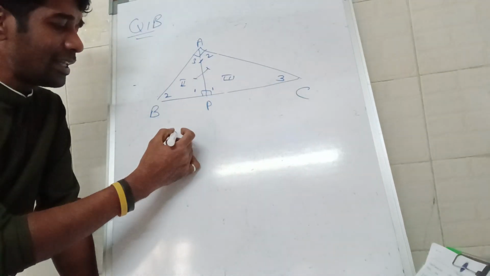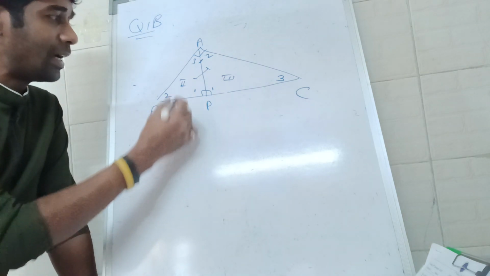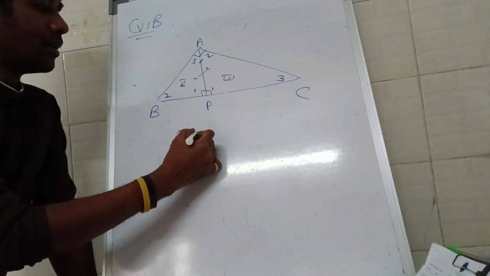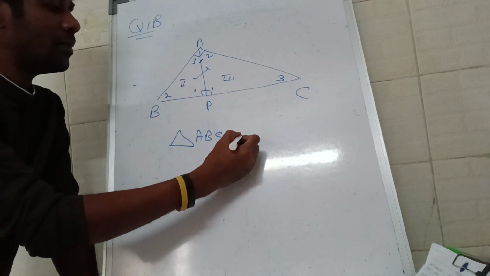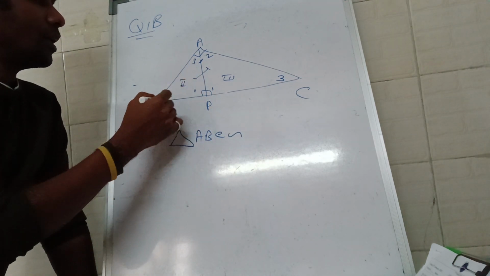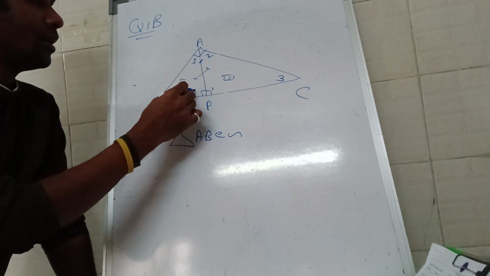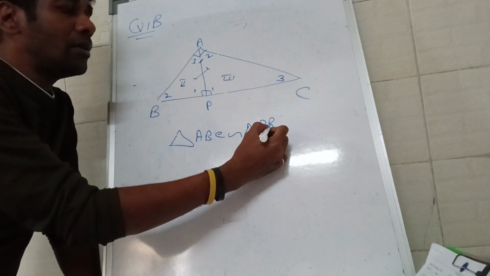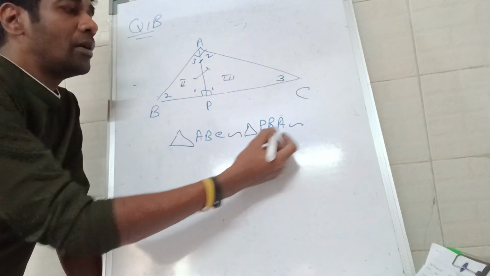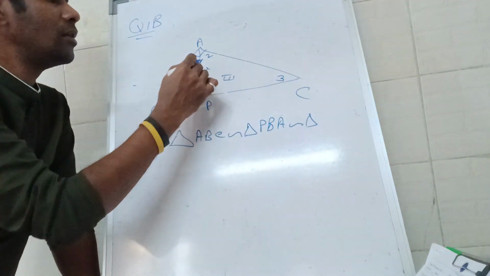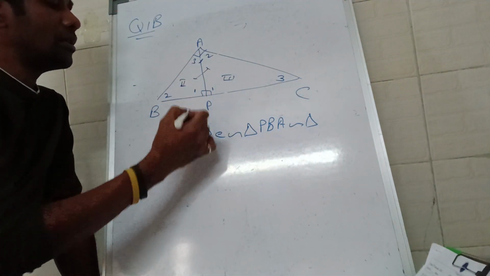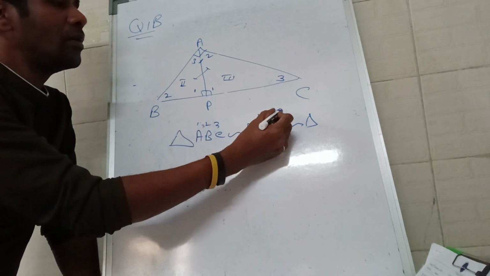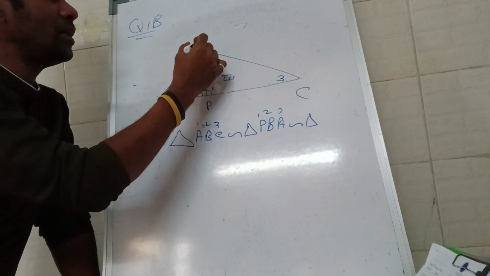Now arranging them, I will get triangle ABC similar to, going to number 2, the second triangle, triangle PBA, and the third, 1, 2, 3 in the same order, I will get PAC.